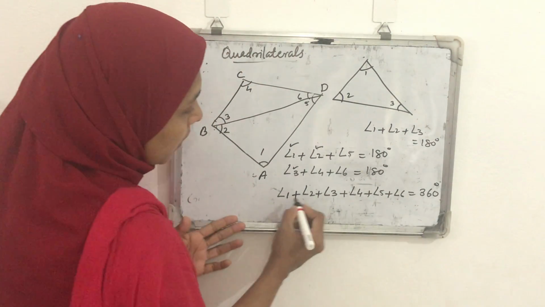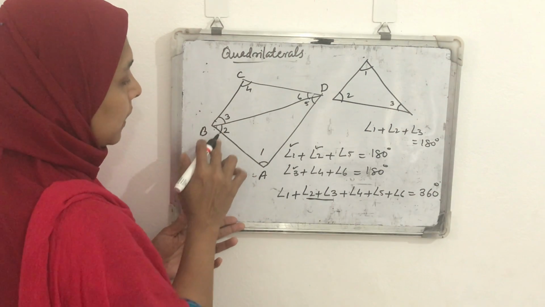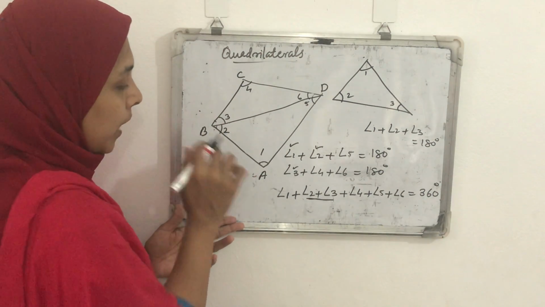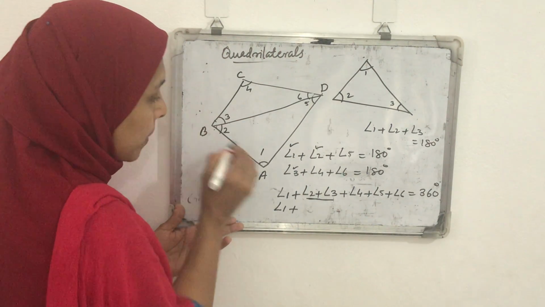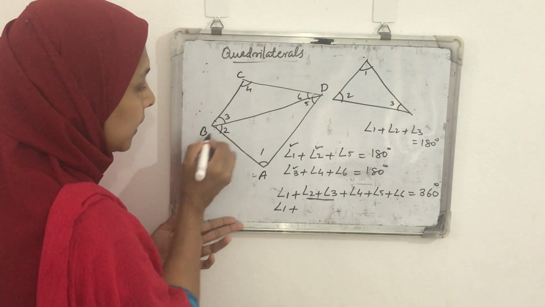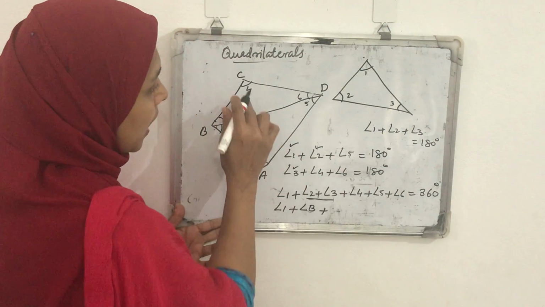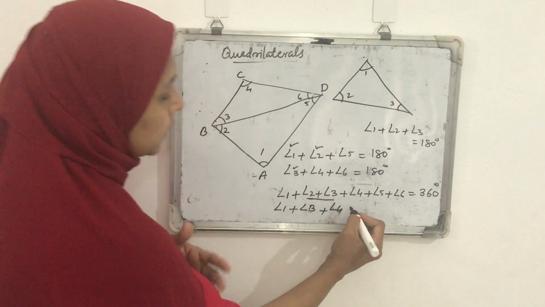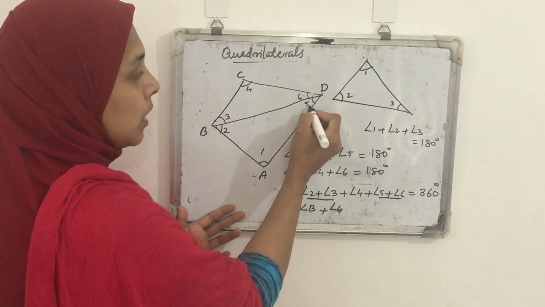Now angle 2 plus angle 3, that we know. What is that angle 2 plus angle 3? That will be angle B. And angle 4 we can write as angle C. So angle 1 plus the total of angle 2 and angle 3, we can take as angle B plus angle 4, we can write as C. Next, angle 5 plus angle 6. What is the sum of these two angles?